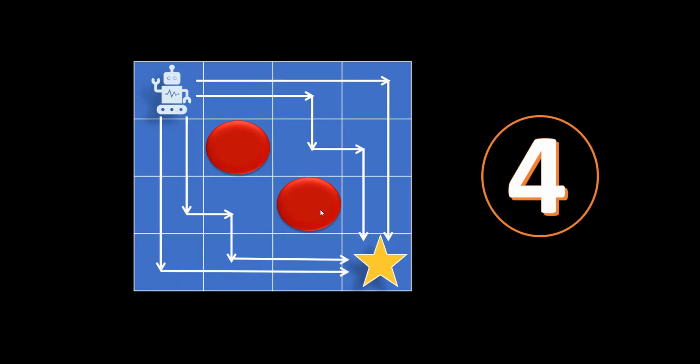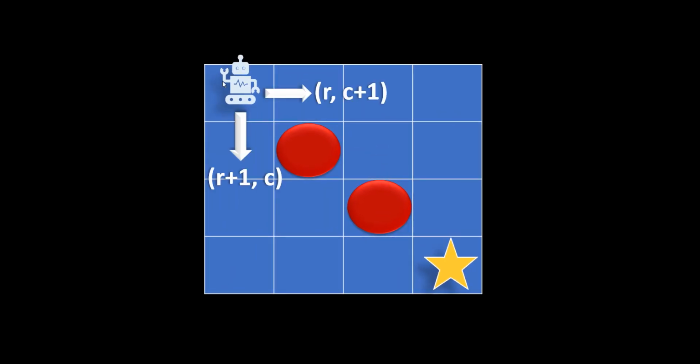Now how do you get these paths? From a given point you can only move in right and down direction, which means you can only go to r, c plus 1 and r plus 1, c, considering r is the row and c is the column. So you'll go on recursively calling your function on these two directions and see whether you can reach the finish line. Now there come two conditions.